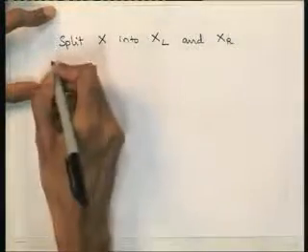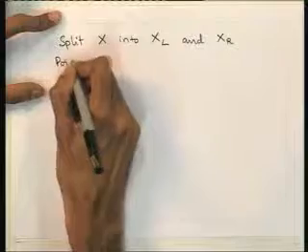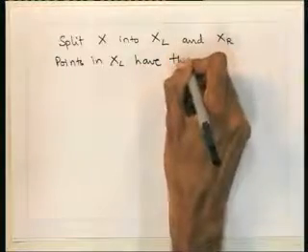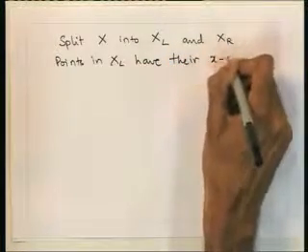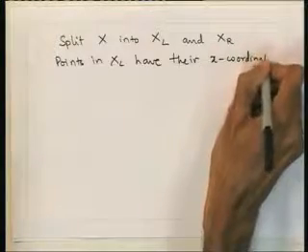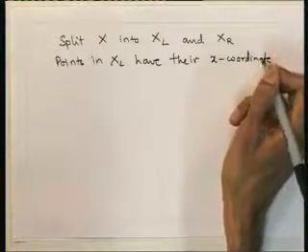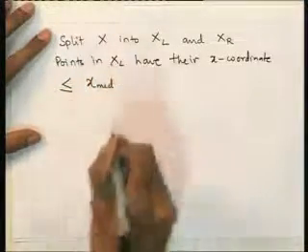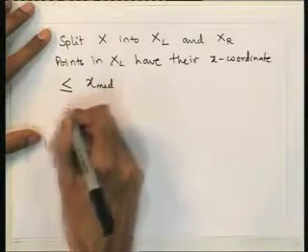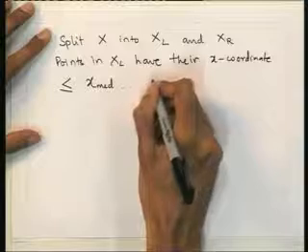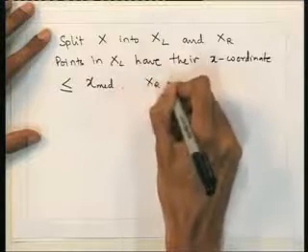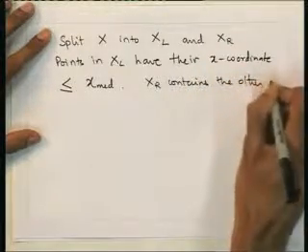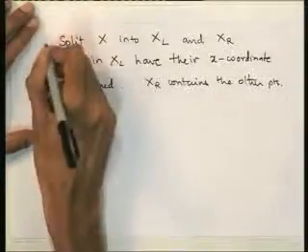Points in XL have their x coordinate less than or equal to x median, the median value, and the others are in XR. XR contains the other points.